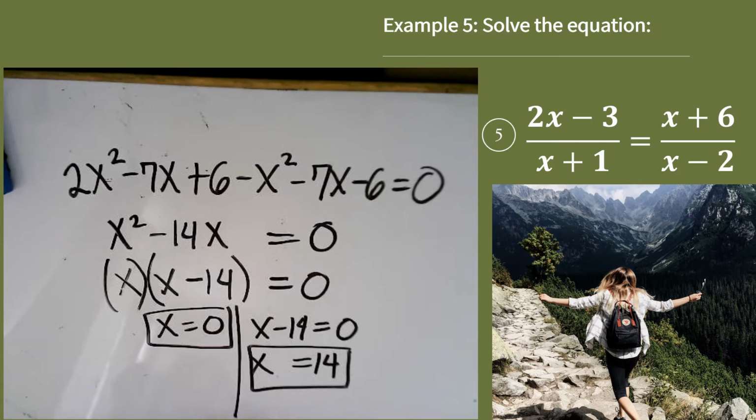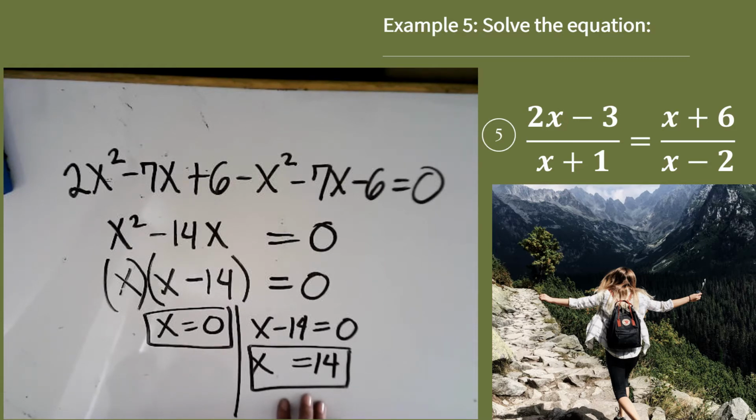Okay? But let's check if these are both solution to the given rational equation, because there are times that we can have an extraneous root, or a root that is not part of the solution in the given equation. So again, our answers are 0 and 14.